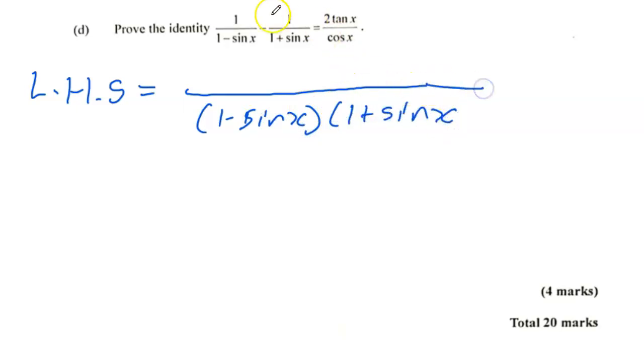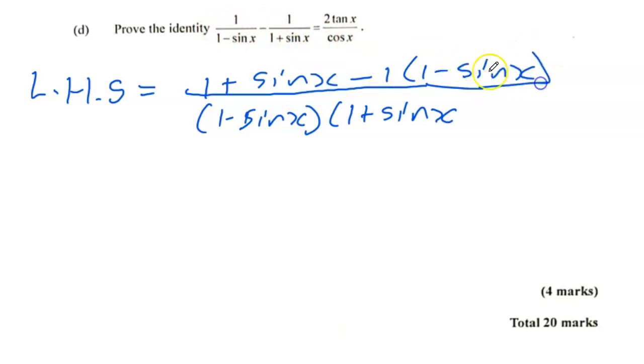And then to get the numerator, we can just cross multiply: 1 plus sine x, minus 1 times 1 minus sine x. So we get a common denominator by taking the product of both denominators.